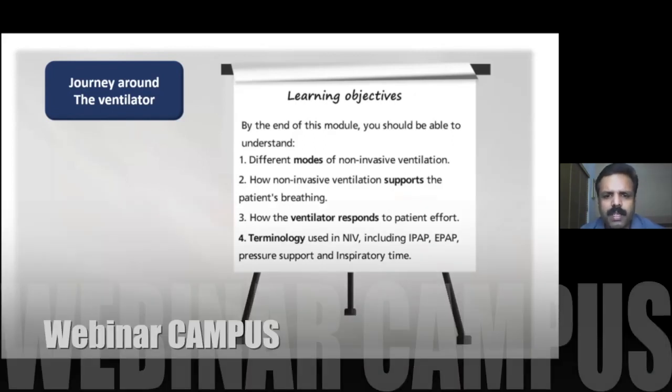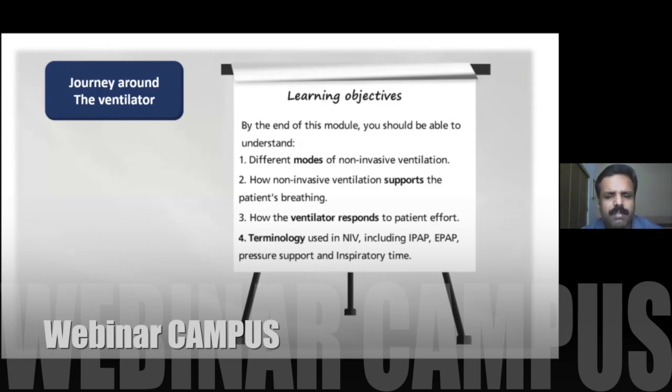The main objective will be, in NIV also we have different modes, even though sometimes we may not have noticed that. And how the non-invasive ventilator supports the patient's breathing, and how the ventilator is responding to the patient's efforts, and again how to fine tune that, and the different terminologies used in NIV, basically IPAP, EPAP, pressure support, inspiratory time, at least the basic things.